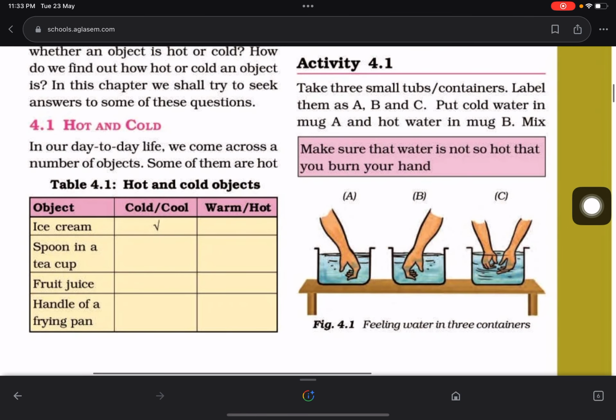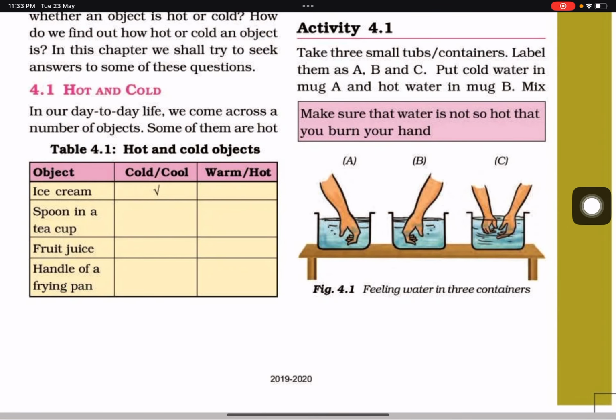Now here is an activity in which they are telling us that in one container add some hot water, in the second container add some cold water, and in the third container fill the same amount of hot and cold water, and touch it after intervals of time.